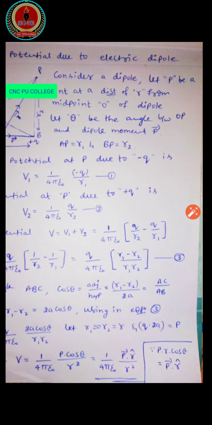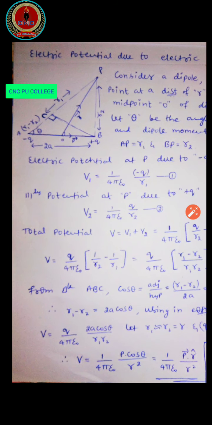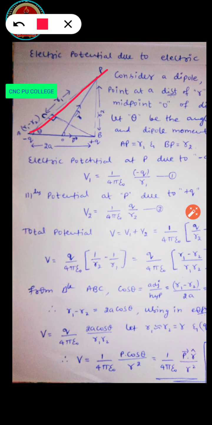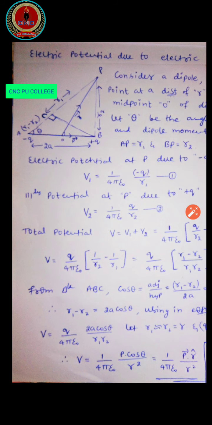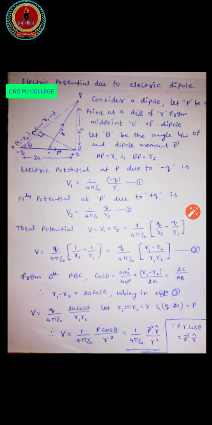AP is equal to R1 and BP is equal to R2, where AP is the distance of point P from the negative charge and BP is the distance of point P from the positive charge. So we have AP equal to R1 and BP equal to R2. That means we have given the complete explanation of the diagram: we considered theta, r, R1, R2.